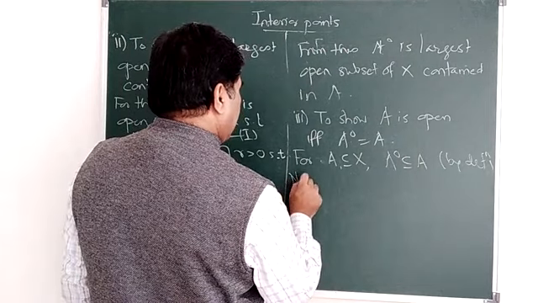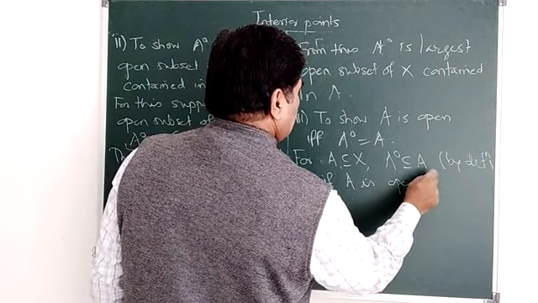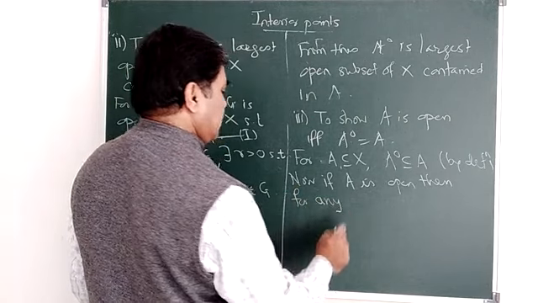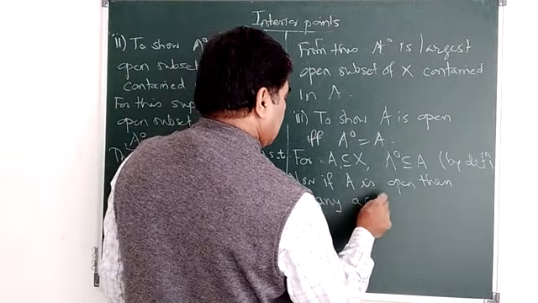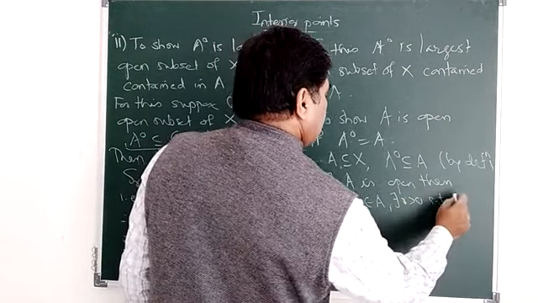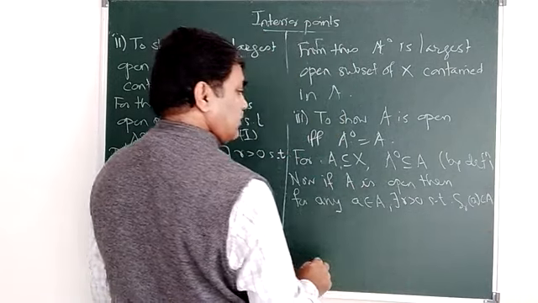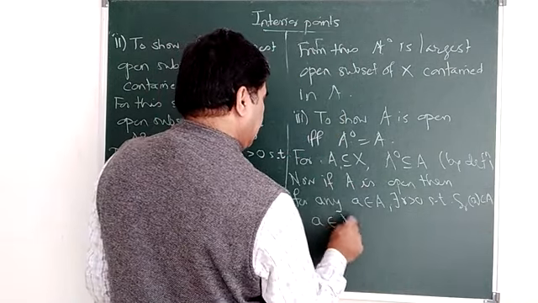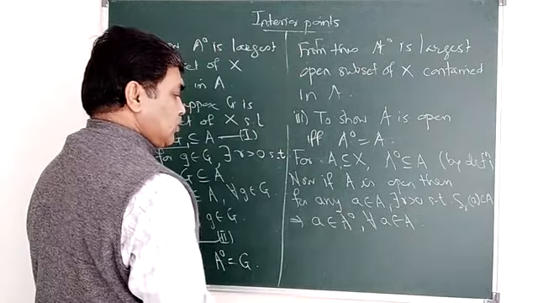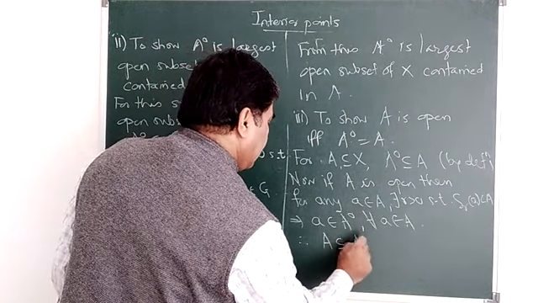Now, if A is open, then for any a belongs to A, there exists r greater than 0 such that S_r(a) is contained in A. This implies a belongs to A interior for every a belongs to A. And therefore, A is a subset of A interior.